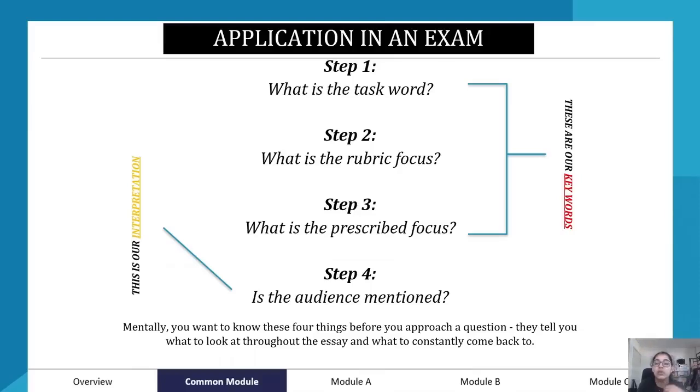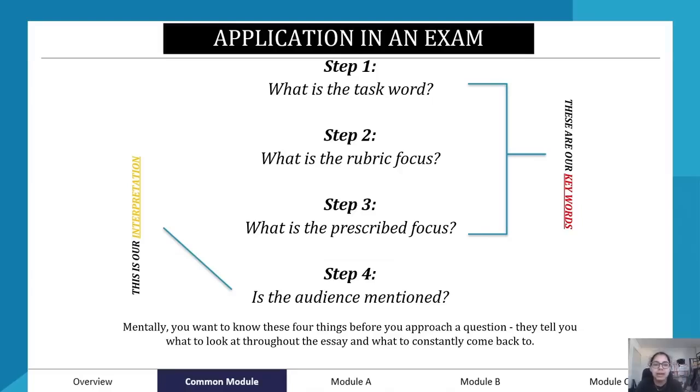Step 3 is, what is the prescribed focus of the question? Now the prescribed focus is, for example, the main idea that they want you to talk about. So it could be a theme, it could be an idea in the text, it could be a technical feature of the text, for example. So that's a prescribed focus. Finally, step 4 is the audience mention. Now that is your interpretation.